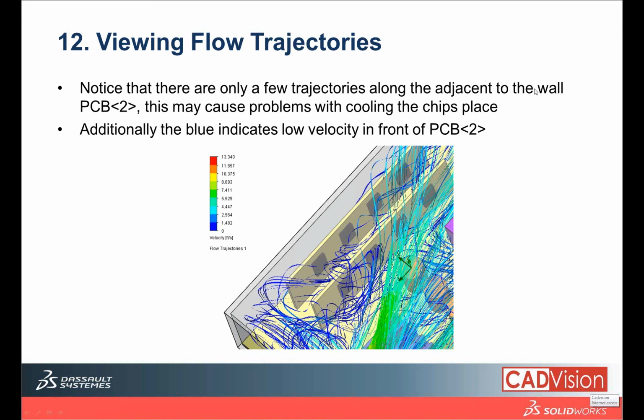It passes through other components too, but at the second rows of the PCBs, the second rows of the small chips, the flow trajectory is relatively less compared to other portions of the enclosures. So we might have a problem here where the heat does not dissipate, where the heat is not carried away by the flow.